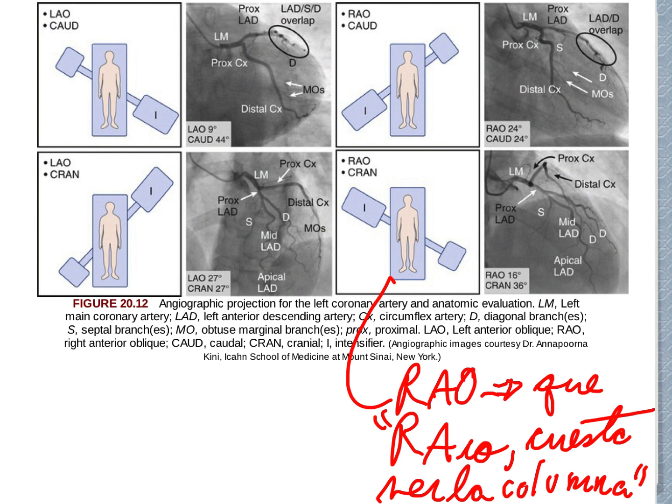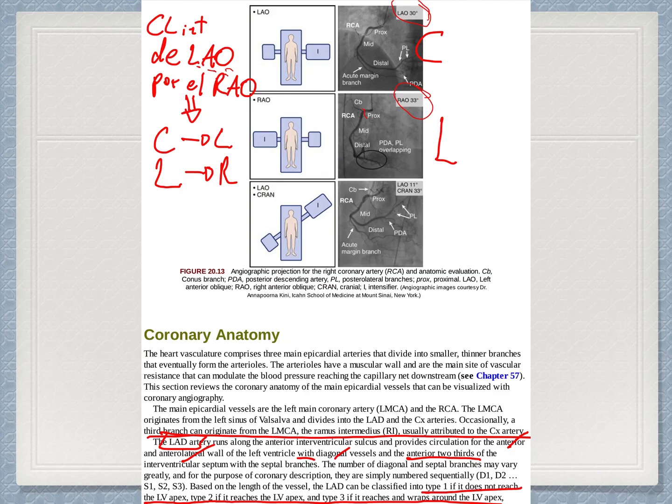While in the RAO, it's harder to distinguish the spine. But these illustrations may be a little difficult to interpret because you cannot see the whole image that we see in the cath lab. So these are some of the different things to take into account.